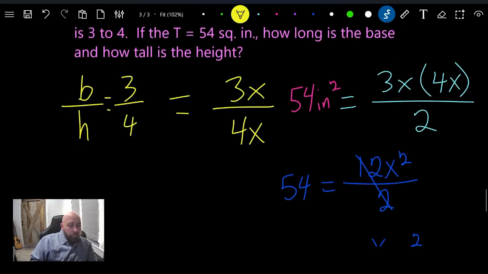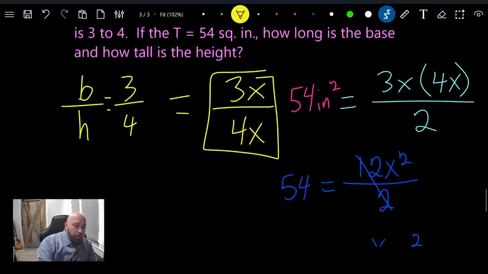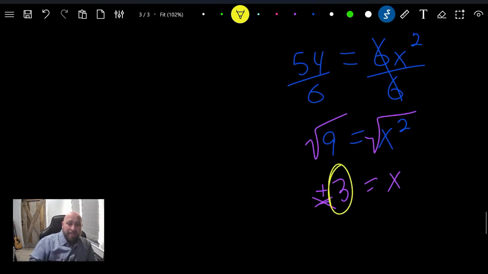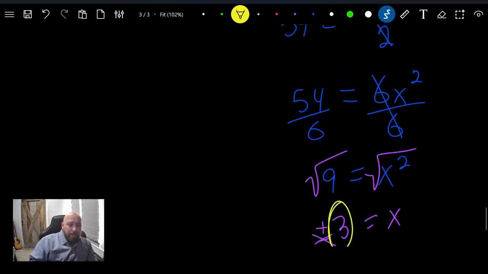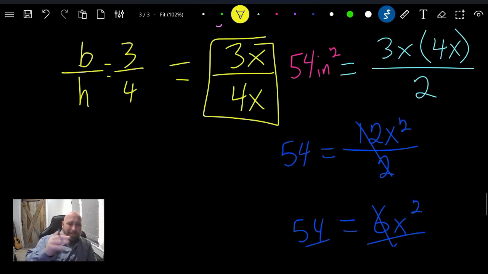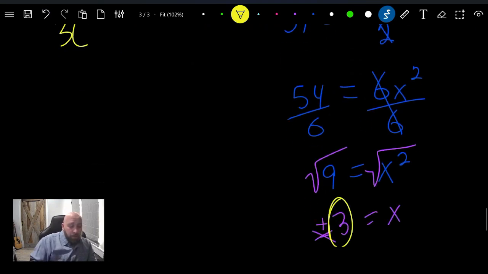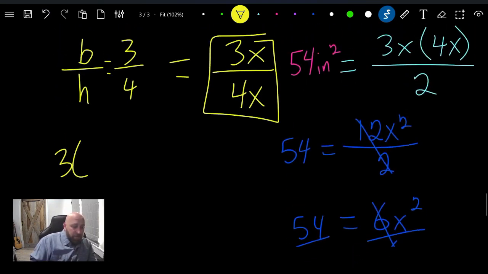All right, so what we want to remember is that this 3 is not our base or our height. It's our x. It's like our multiplier. So we need to come back up here, and we need to take our 3 and say 3 times 3. So that's the base.